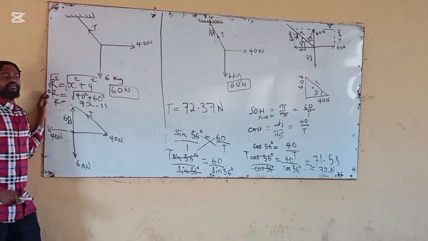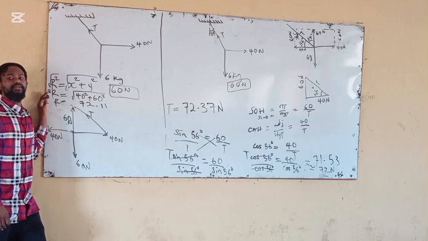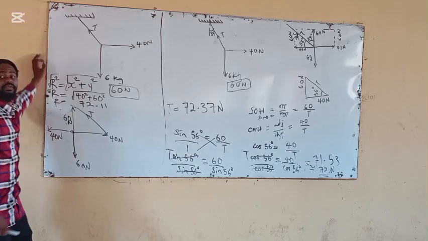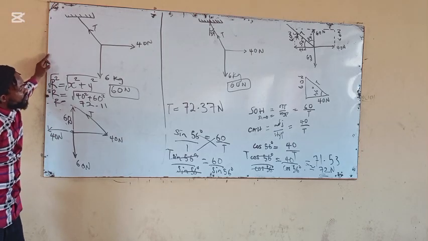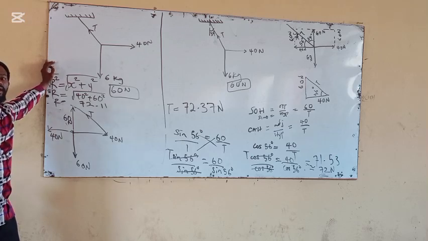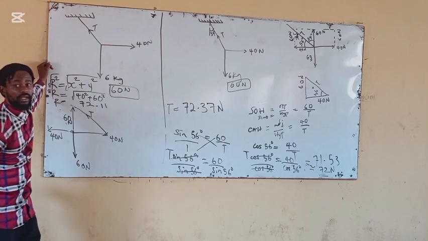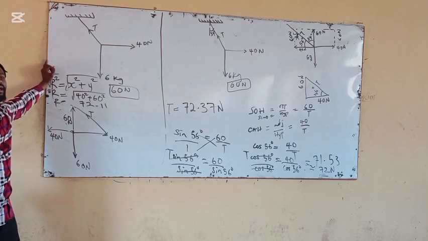Okay, a question: what's the point of finding the 56 degrees versus the 34, when we already have 34?